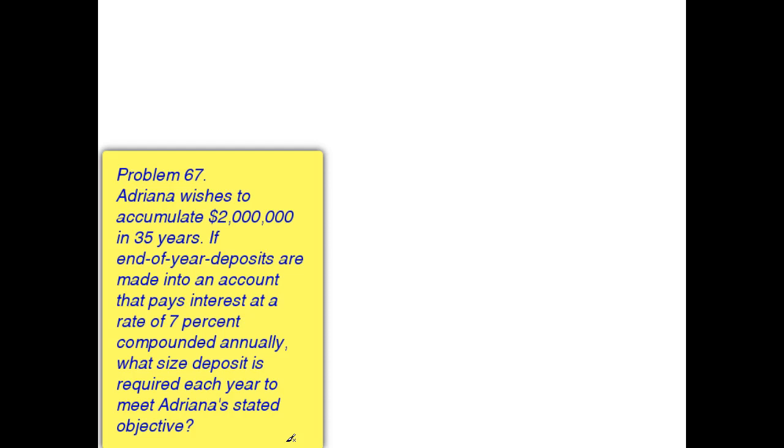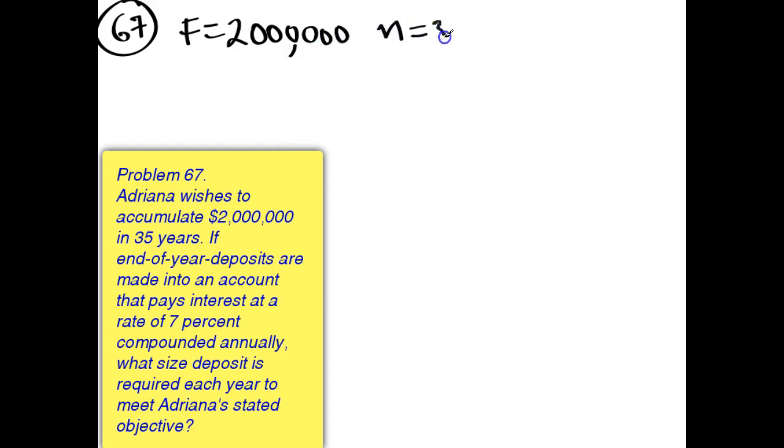So from this statement we gather that she wants to accumulate in the future $2 million, and in order to achieve that she has 35 years and the interest rate is 7% per year.